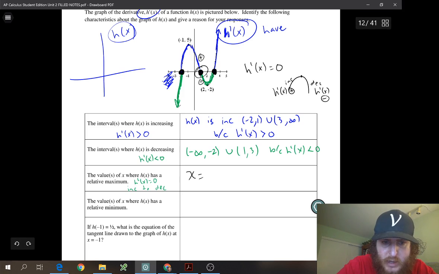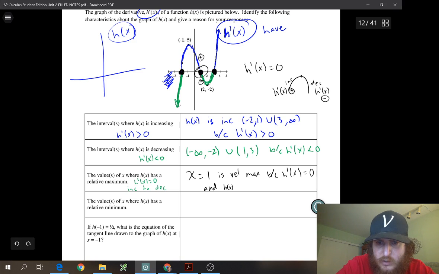So we're going to say that x equals 1 is a relative maximum because h prime of x equals 0, and h of x changed from increasing to decreasing.